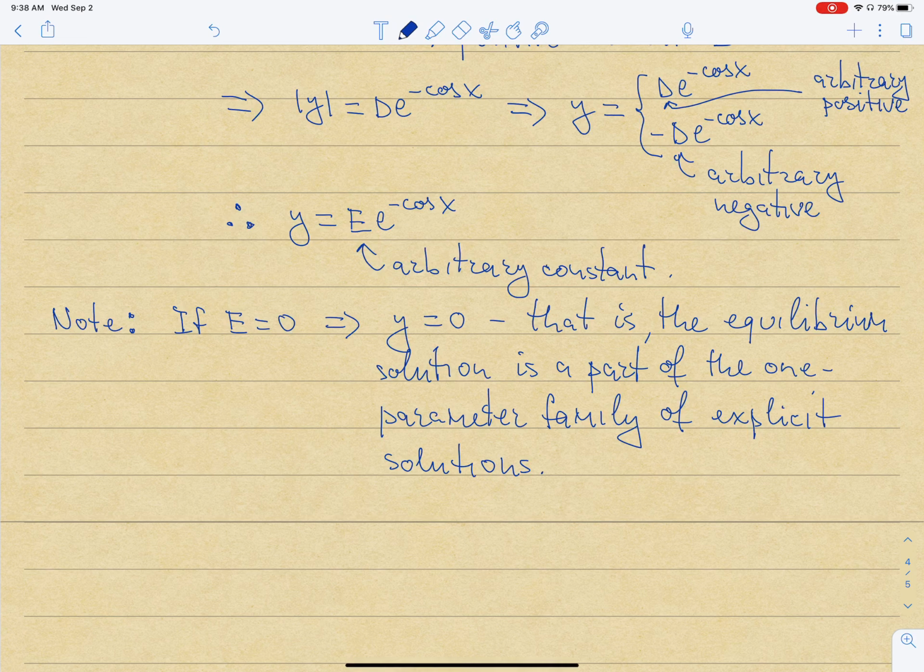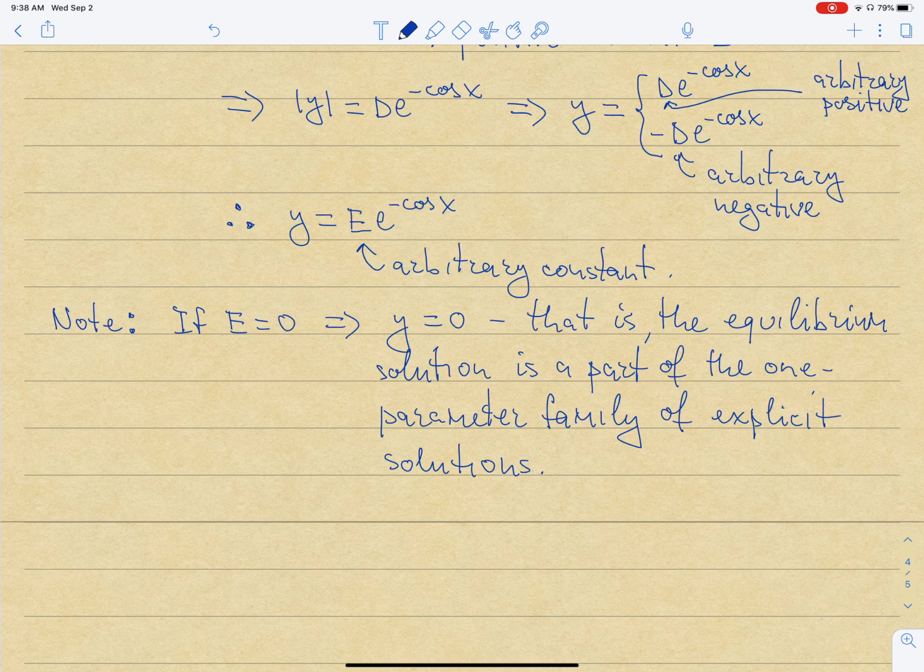In problems like this, it is true, but in general, it might be that even if you find the explicit solutions, some or all equilibrium solutions are not going to be included in that. So a very good practice is to find both equilibrium solutions and one parameter family of solutions and use those.